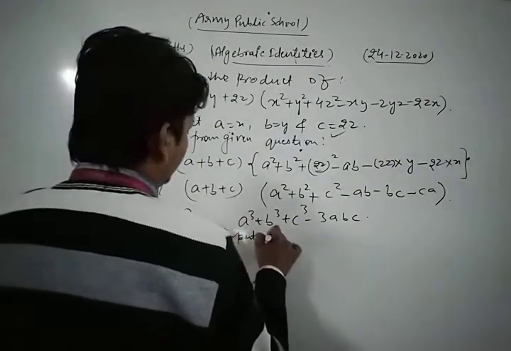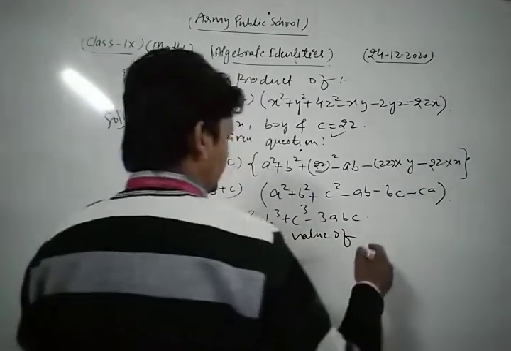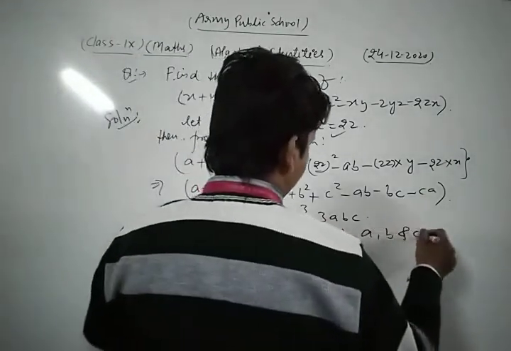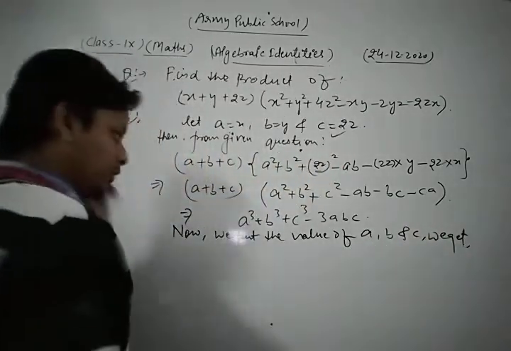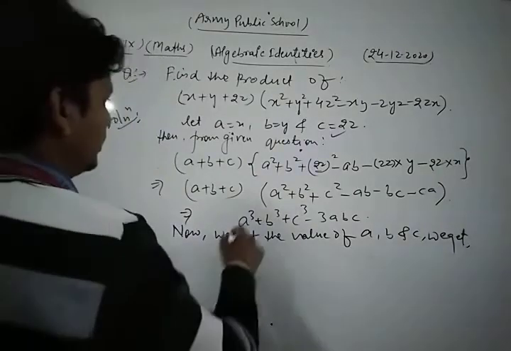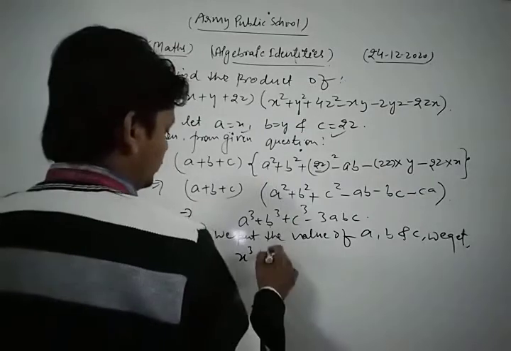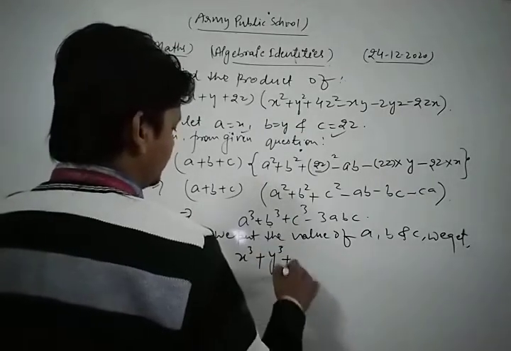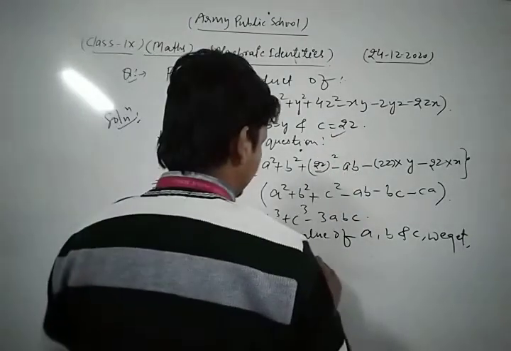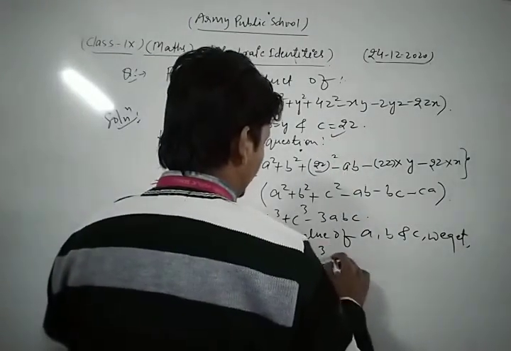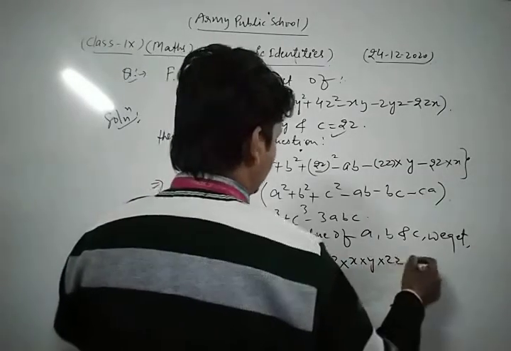The value of a is x, so we write x cube, the value of b is y, so y cube, plus the value of c is 2z, so we write 2z cube, minus 3 into a is x, b is y and c is 2z.